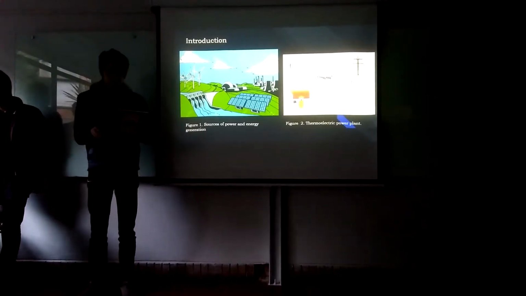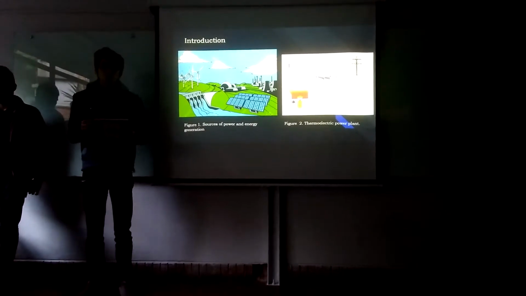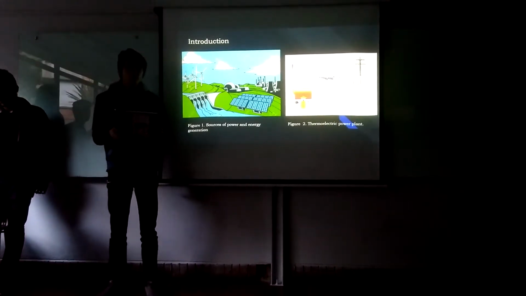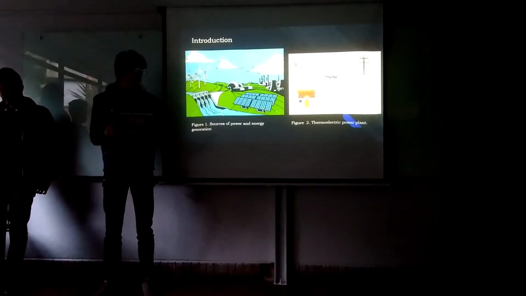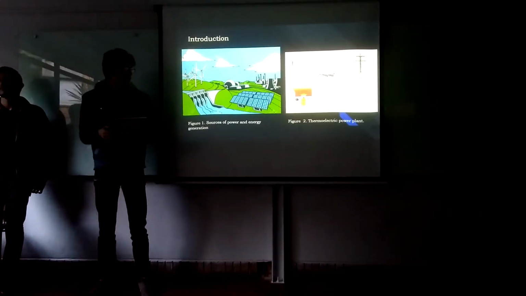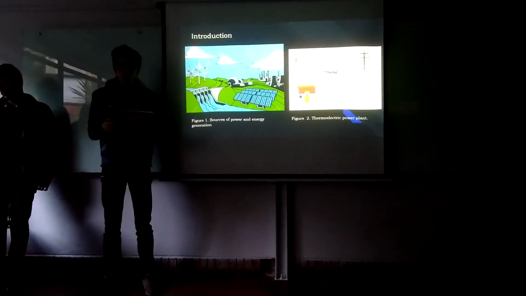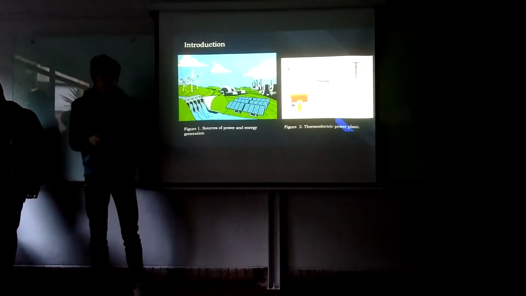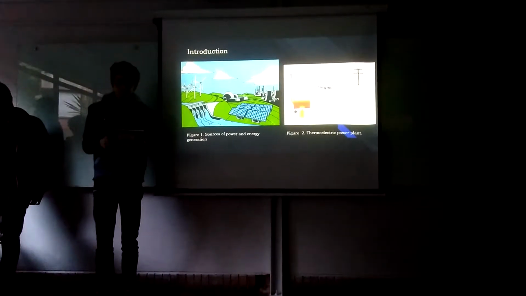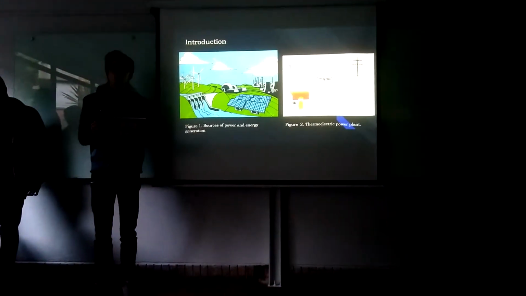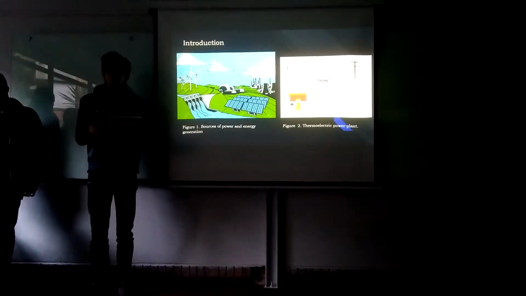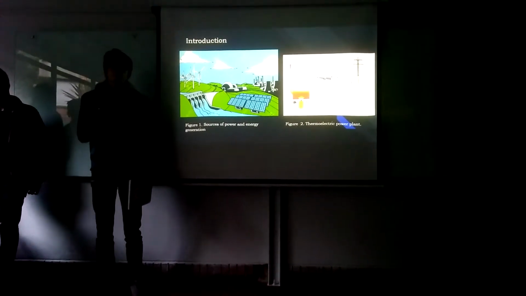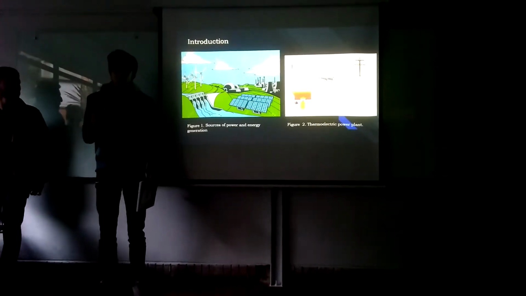For this exposition, we are going to focus on a thermoelectric power plant, because in this plant, we will see how the heat exchangers are more involved in the power generation. In this plant, two important thermodynamic cycles are involved. The first one is the Brayton cycle, and the second one is the Rankine cycle.